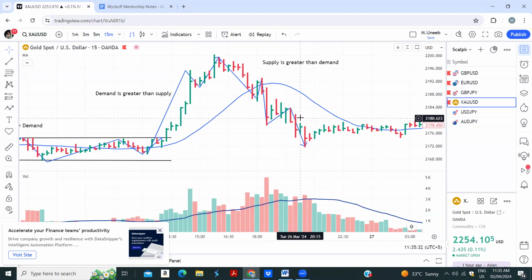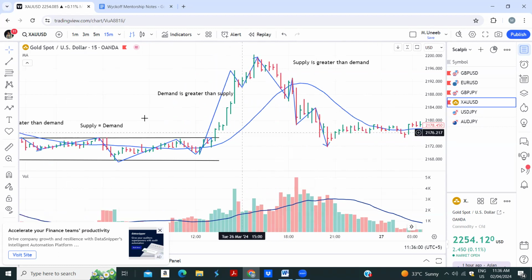Similarly, whenever the supply is greater than demand, or when sellers are greater than the buyers, then the price will go down. And whenever the supply is equal to demand, or when the sellers are equal to buyers, then the price will move in a range or equilibrium.